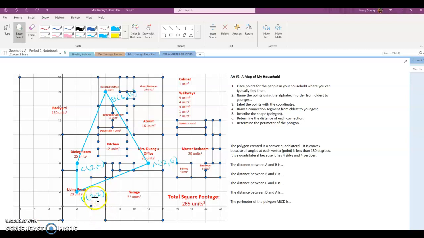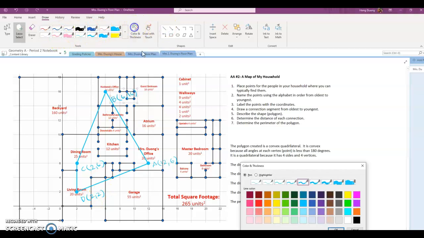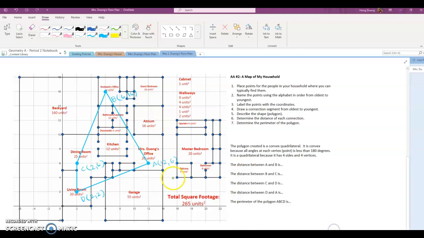For example, the distance between me and my husband can be found using the Pythagorean theorem. My horizontal length is 6, and my vertical length is 10.